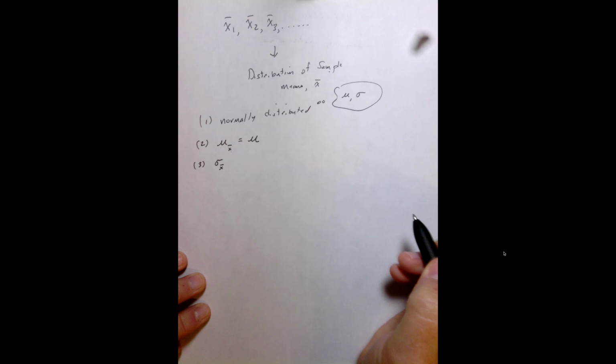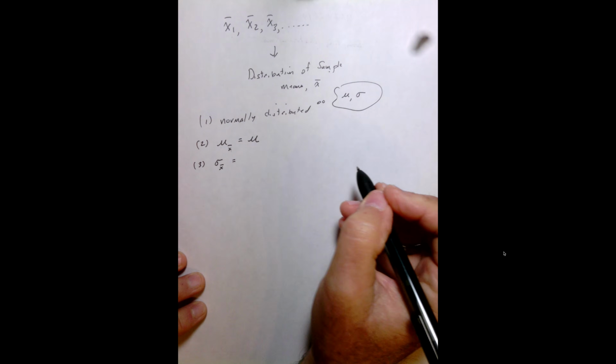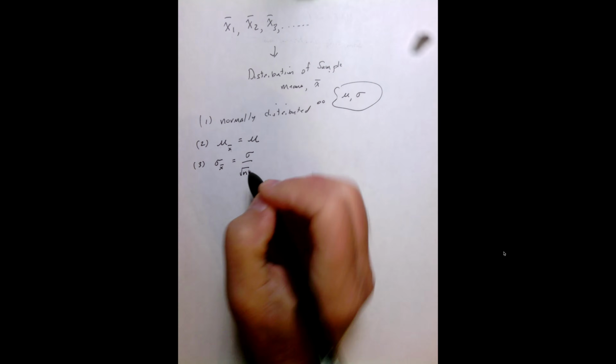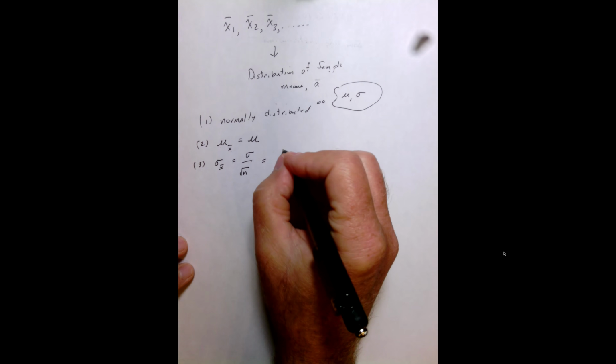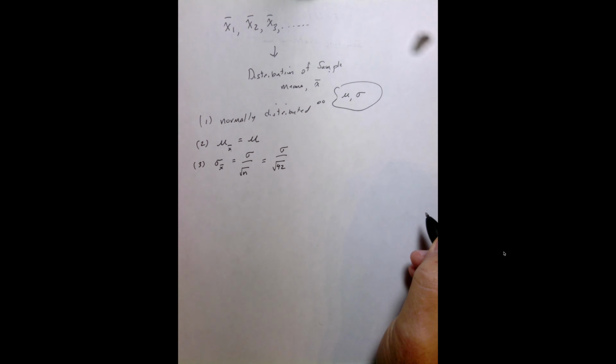The standard deviation of the sample means, which we call the standard error, is going to be sigma over the square root of n. So again, it's this value divided by the square root of n. So in my demonstration here, this would be sigma over the square root of 42, because in the illustration I set n at 42.